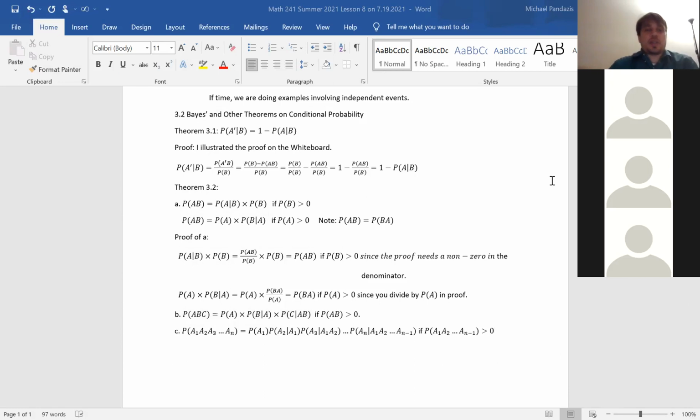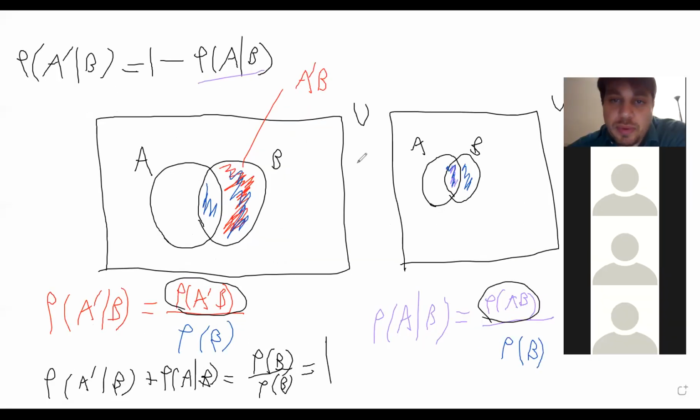Okay, great. So that's A, B, and C, and so you want an example. For part A, the probability of A and B is equal to the probability of A given B times the probability of B. So let's look at the whiteboard here.